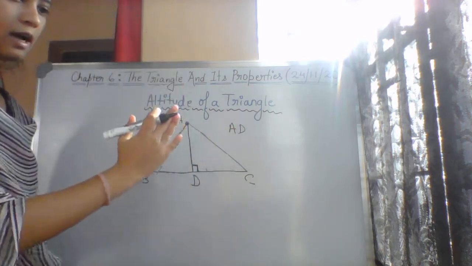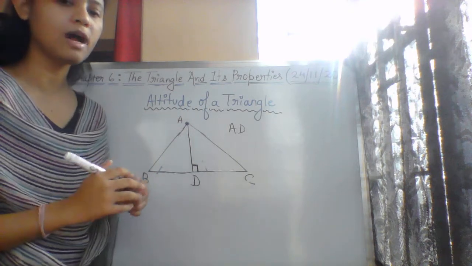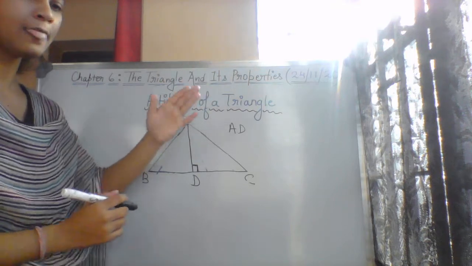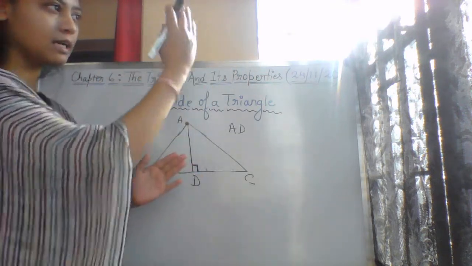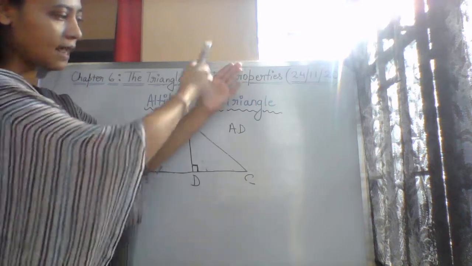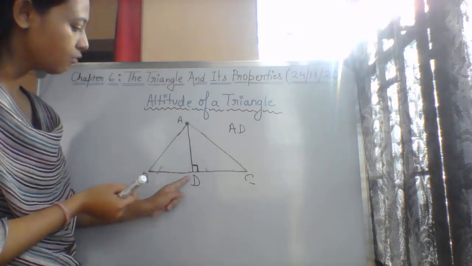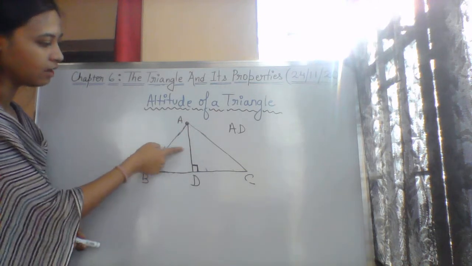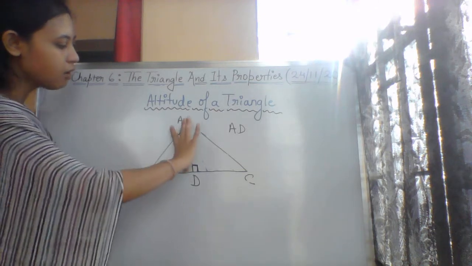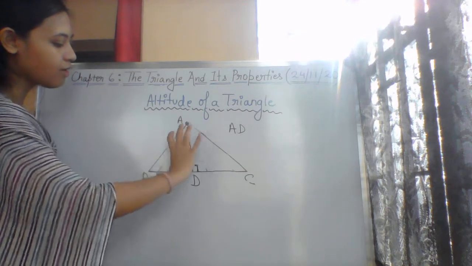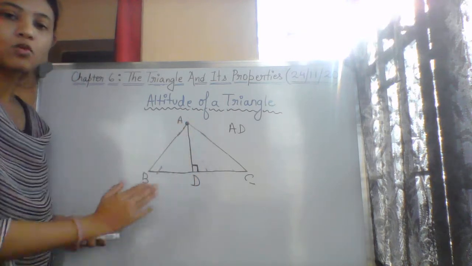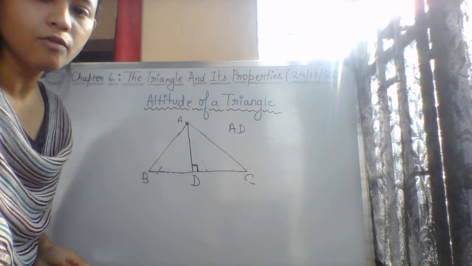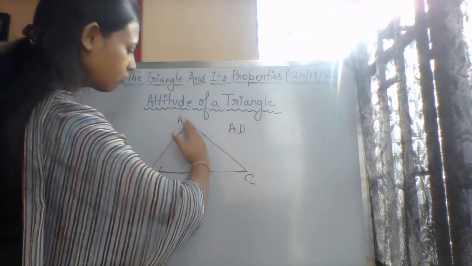Height: whenever you are talking about height, that is always the perpendicular line. It is not a slant line. Height means you always measure vertically. You cannot measure a slant line. So how much is the height of the triangle, the altitude of the triangle? How much is the distance of A from D? We have to measure vertically, not in a slanting way.